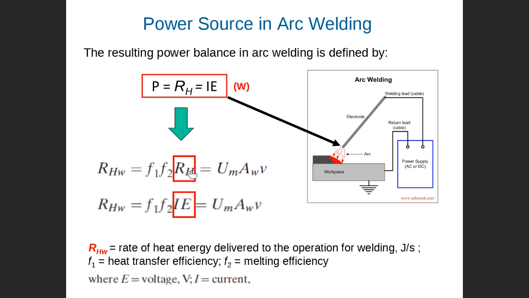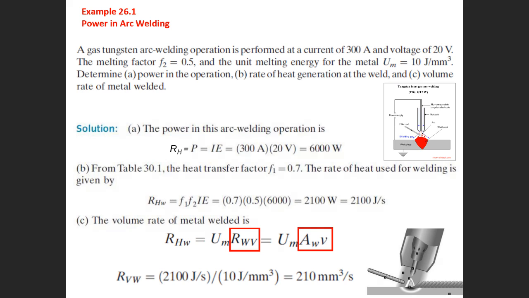Then RH here equals IE. In the case of arc welding only, RHW equals f1 f2 IE, current multiplied by voltage, equal to UM A V. This is a little modification. The equation is the same, only the power generated at the source equals IE.